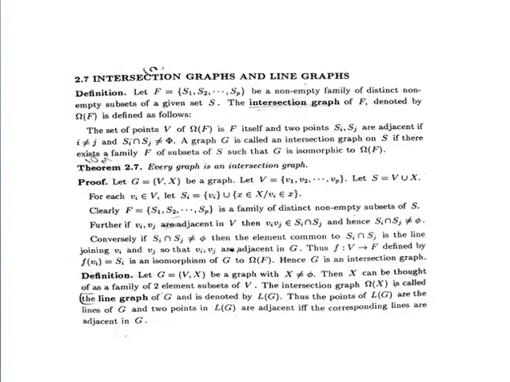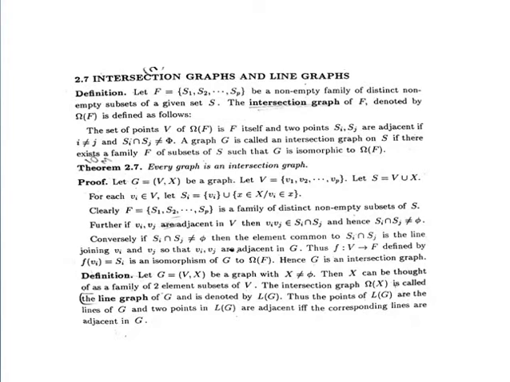Now we have intersection graphs and line graphs. First we see the definition. Let F = {S1 to Sp} be a non-empty family of distinct non-empty subsets of a given set S. The intersection graph of F, denoted by omega of F, is defined as follows.